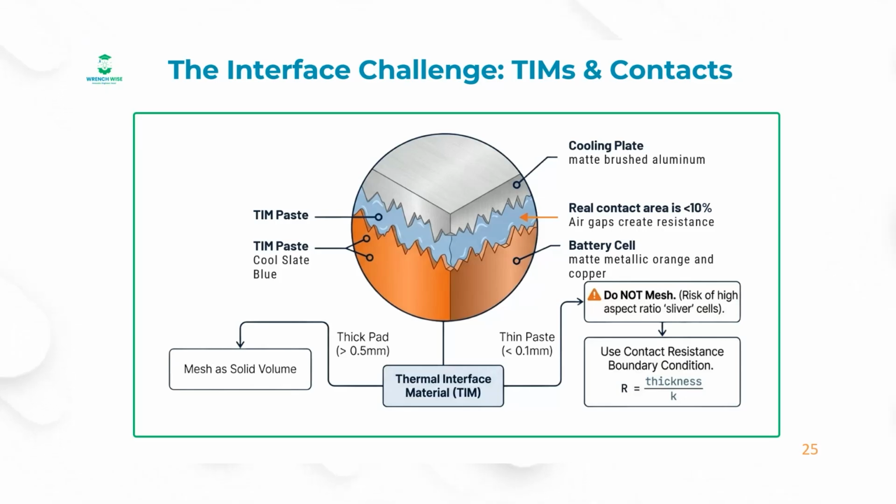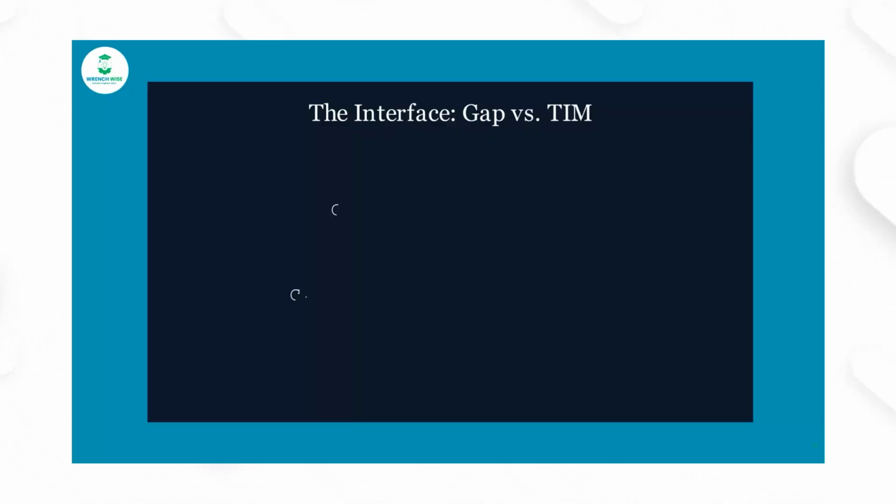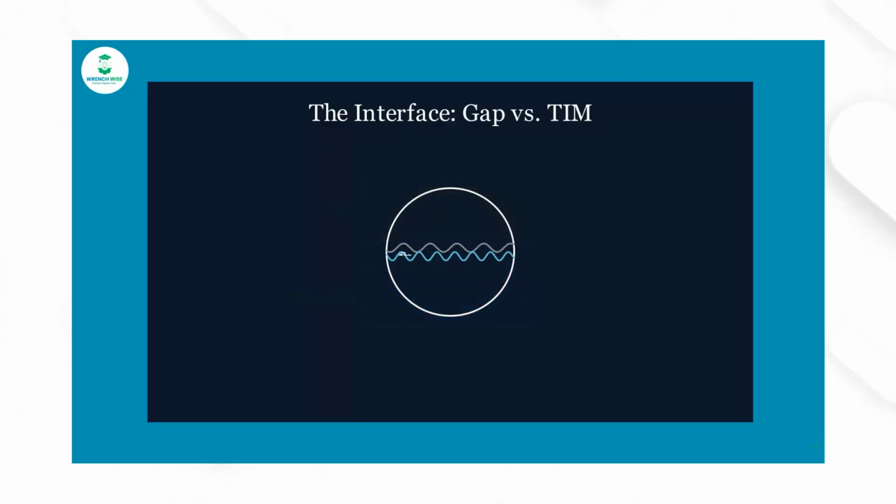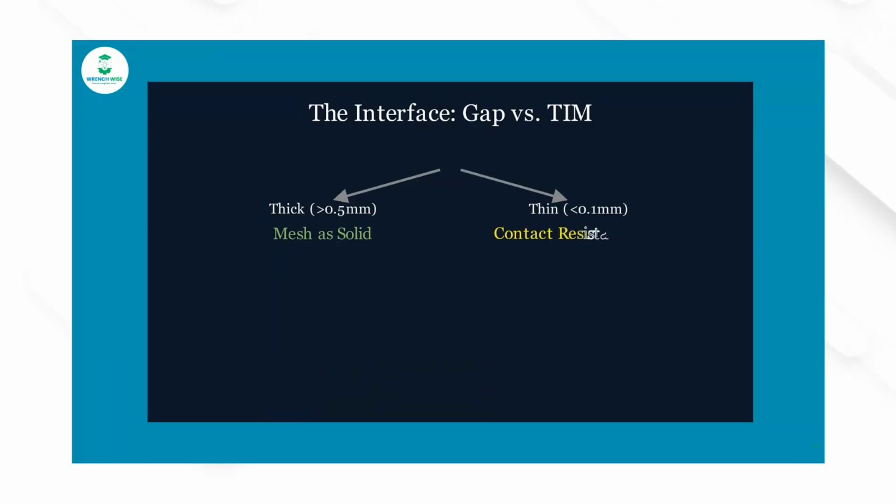So having said all of this, let's now try and move towards isotropic versus anisotropic. So essentially the gap versus TIM here. Between cells, there will always be these air gaps which will act as insulators. We can use thick pads, we can use paste. So if it is thick, greater than 0.5 mm, you mesh it as a solid.